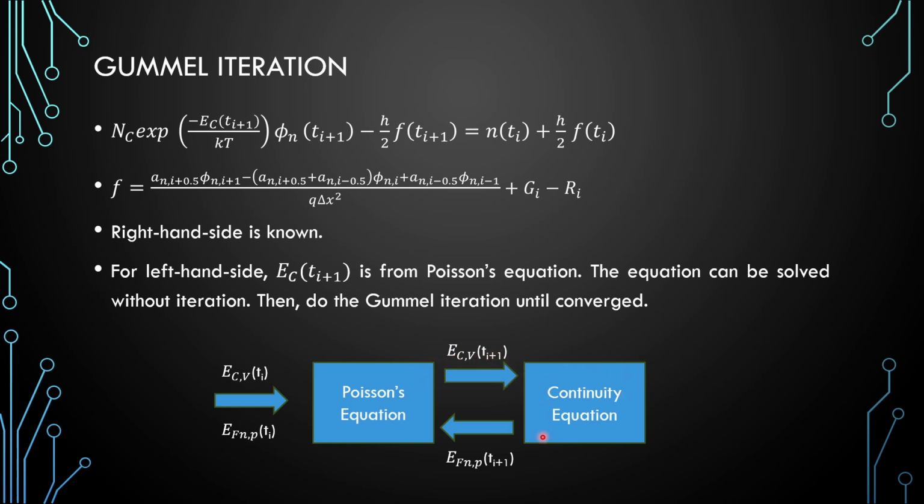And the continuity equation will take the EC and EV at ti plus 1, as well as the EFN, EFP at ti, to solve for the EFN, EFP at ti plus 1. And we do the Gummel iteration until it converges.